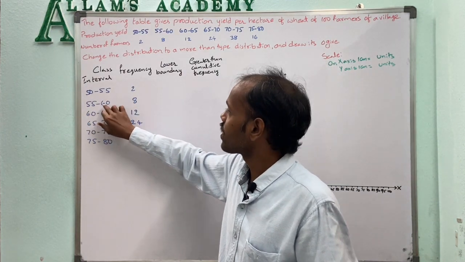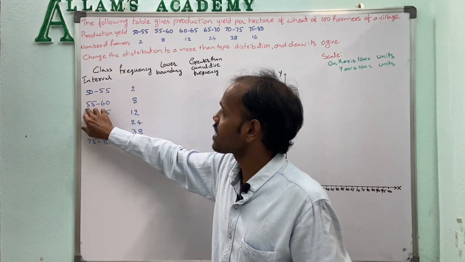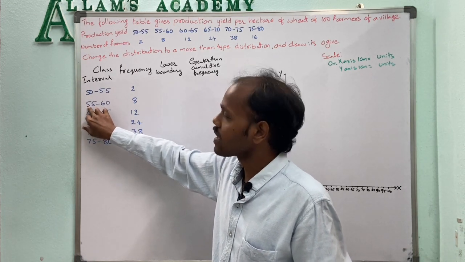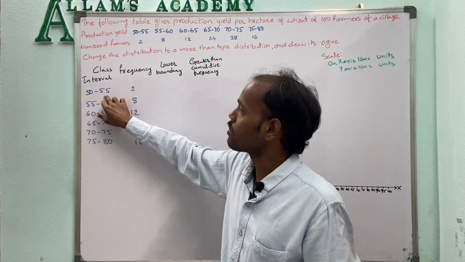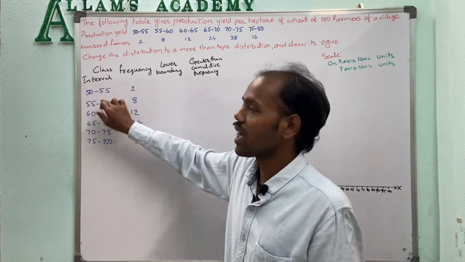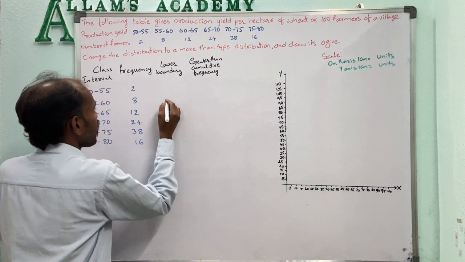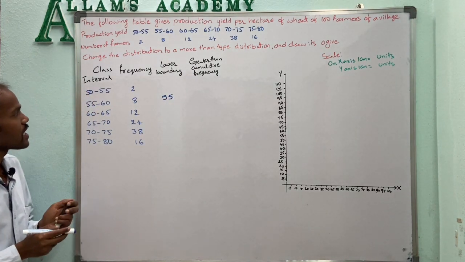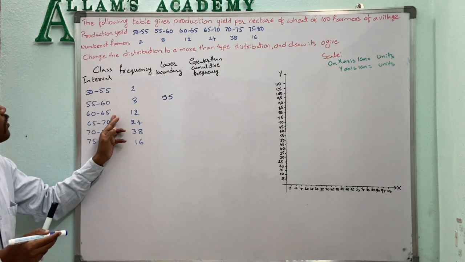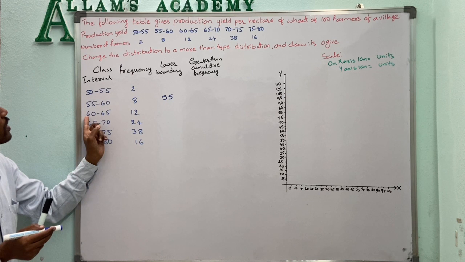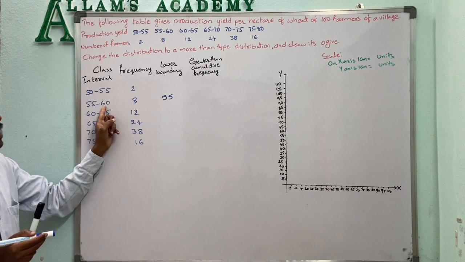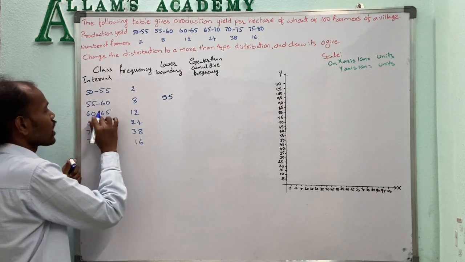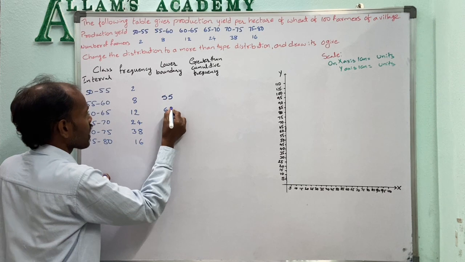For the 55 to 60 class interval, to find its lower boundary, its lower limit is 55 and the previous class upper limit is 55. The average of 55 and 55 is 55 only. Next, for the class interval 60 to 65, the lower limit is 60 and the previous upper limit is 60, so their average is 60. That 60 is the lower boundary of the 60 to 65 class interval.